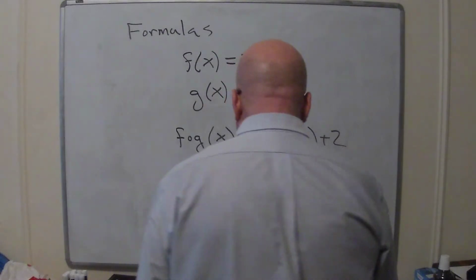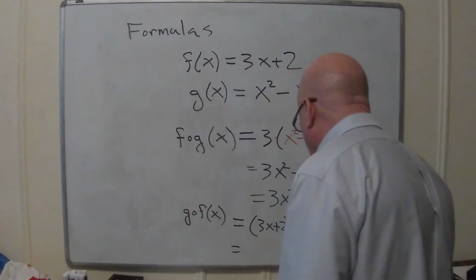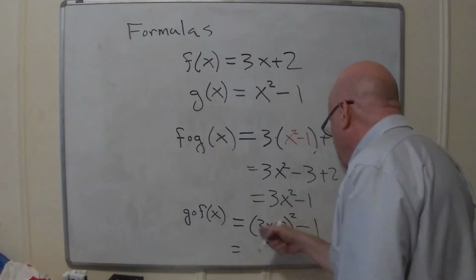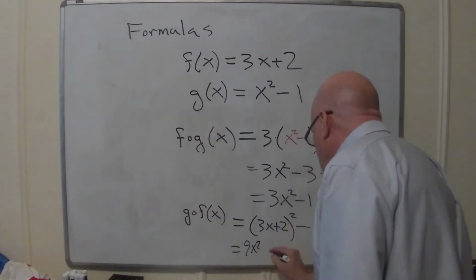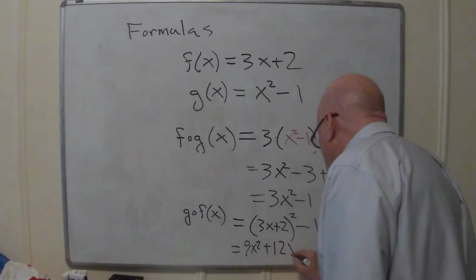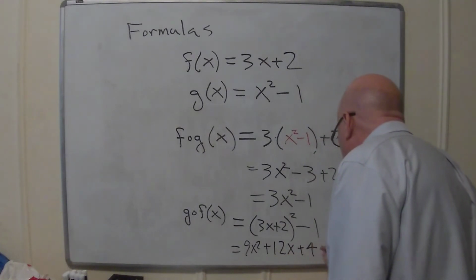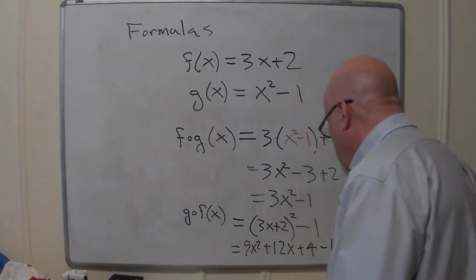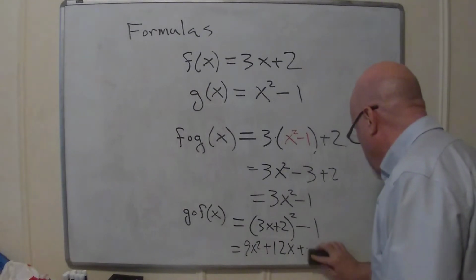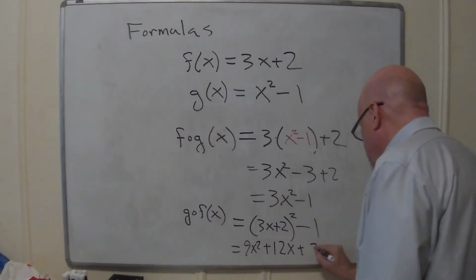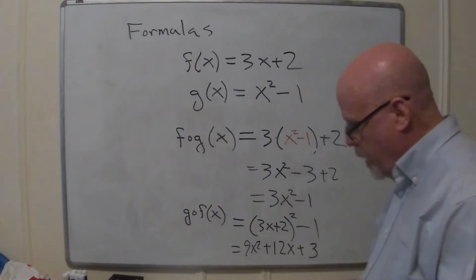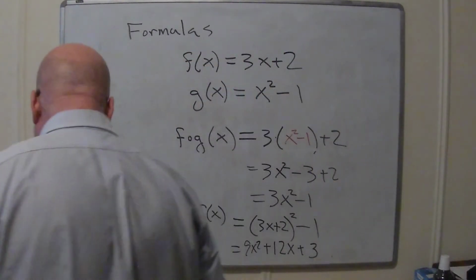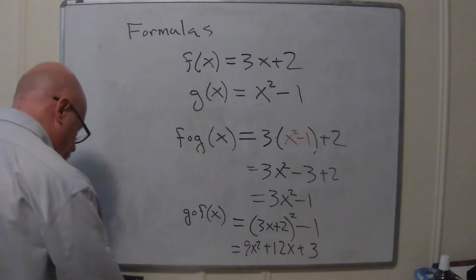I guess I might as well go ahead and do this, even though we haven't really talked about how to manipulate quadratics like this. You get 9x squared plus 12x plus 4 minus 1. The only thing that can be simplified is the 4 minus 1 gives us a 3. So that and that, definitely not the same. GOF and FOG, generally speaking, are not going to be the same.